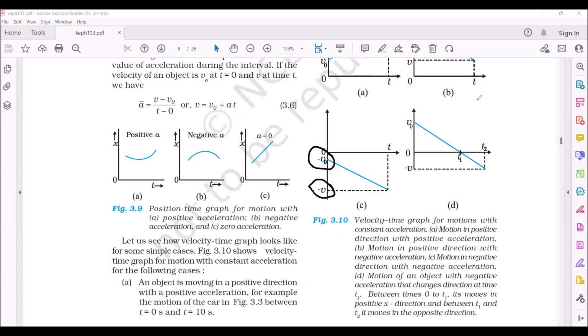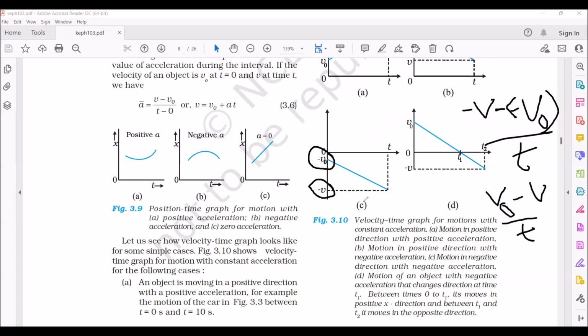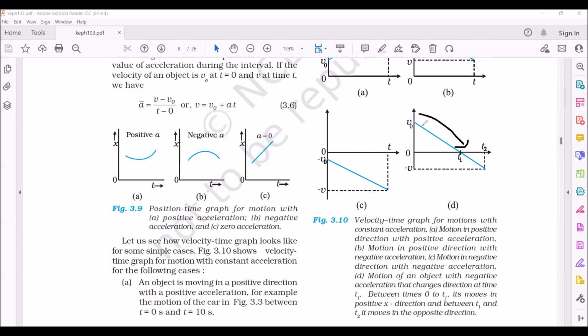So the acceleration is final velocity minus v minus initial velocity minus v naught, divided by t minus 0, which is nothing but (v naught minus v) by t. Out of v naught and v, which one has the higher value? v has the higher value. So this is also negative. The final graph spans the first quadrant and the last quadrant.